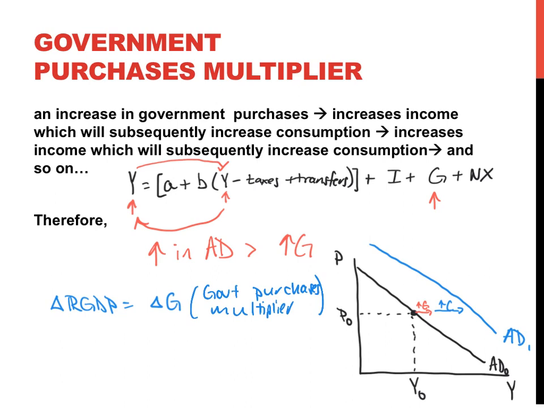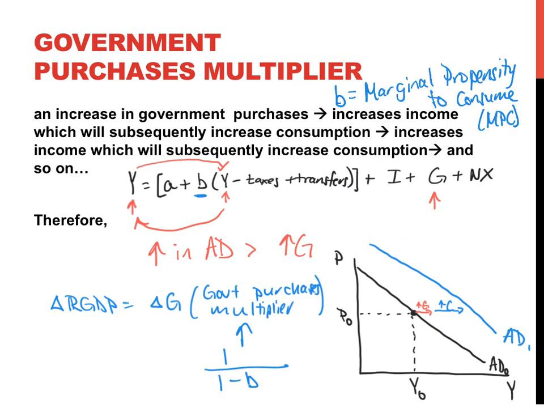And that government purchases multiplier is going to be equal to 1 over 1 minus B. And B, remember, is that fraction of our disposable income that we're consuming. And we call that the marginal propensity to consume. And we can abbreviate marginal propensity to consume with MPC. So 1 over 1 minus the marginal propensity to consume is our government purchases multiplier.